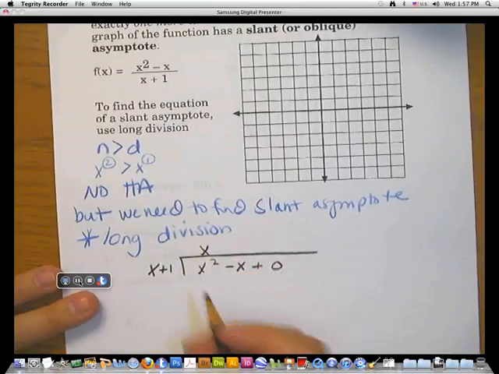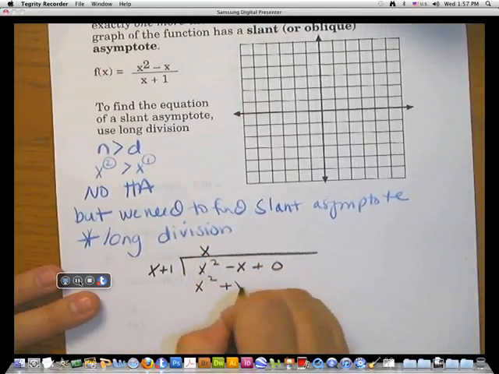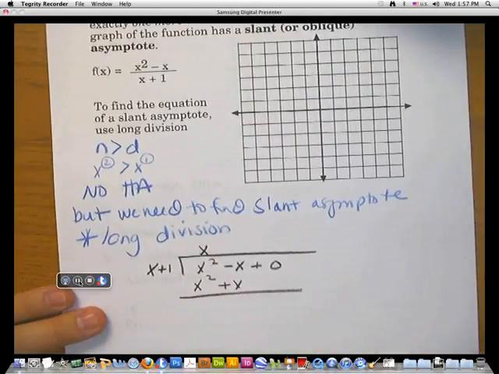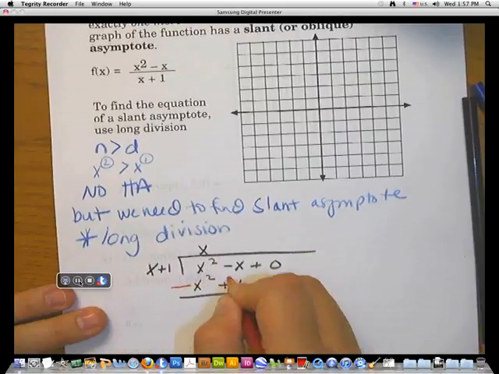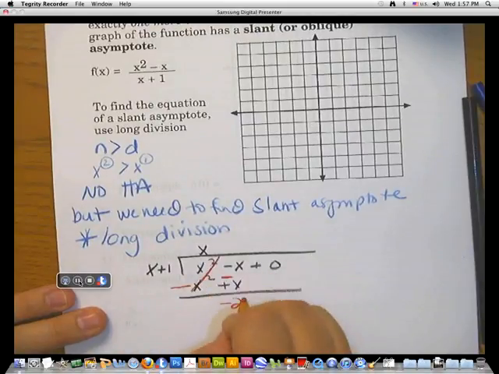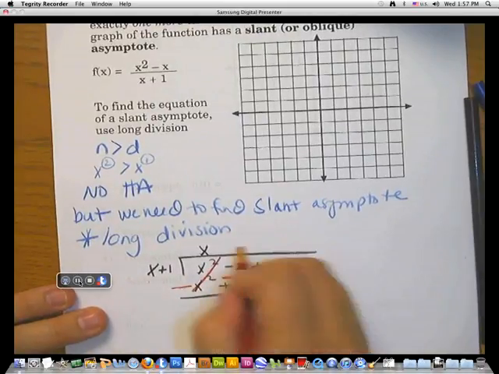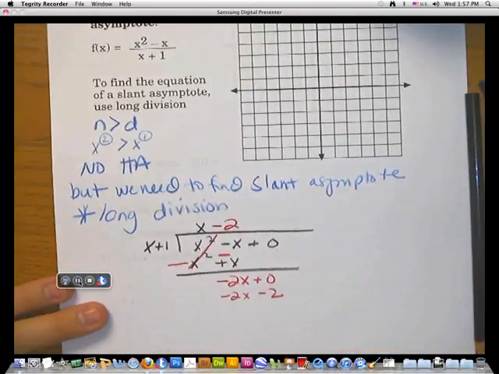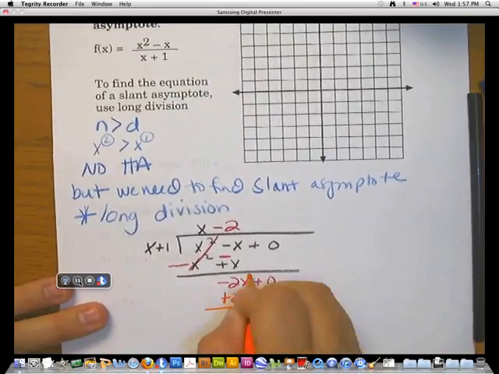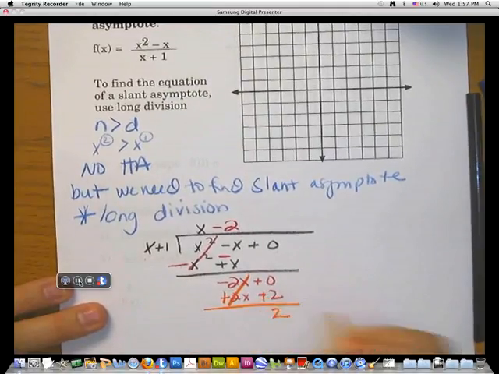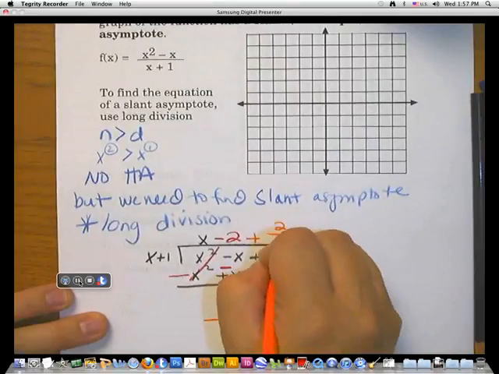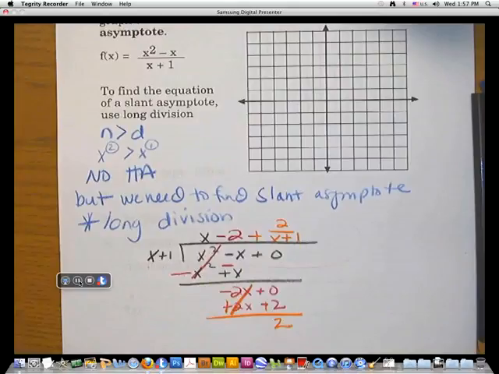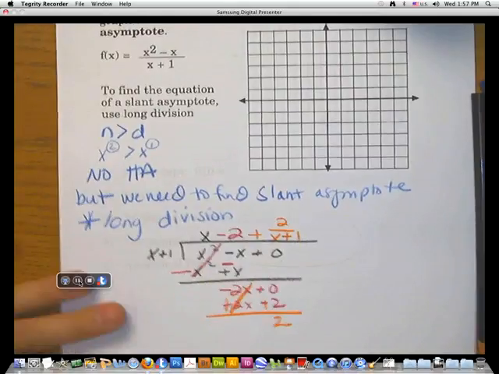X into x squared goes 1 time x, so that we get x squared plus x. When we subtract, we switch signs. The first one goes away. X into -2x is -2. When we subtract, we switch signs. The first one goes away.